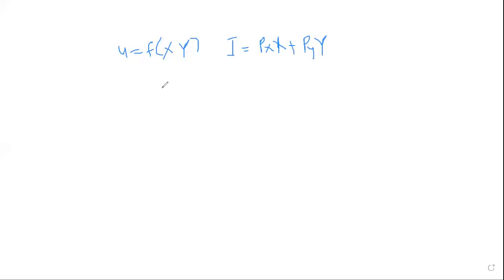To find the optimal bundle, note that the equilibrium condition is that marginal utility of x over marginal utility of y should be equal to the price of x over the price of y, if you remember.